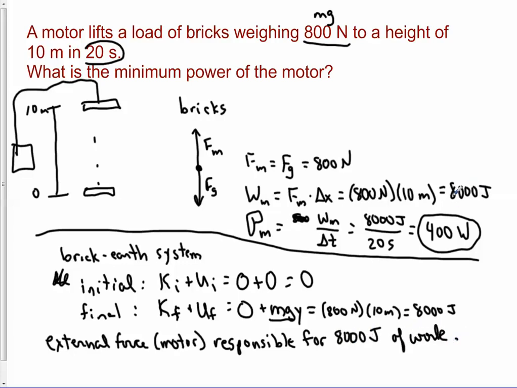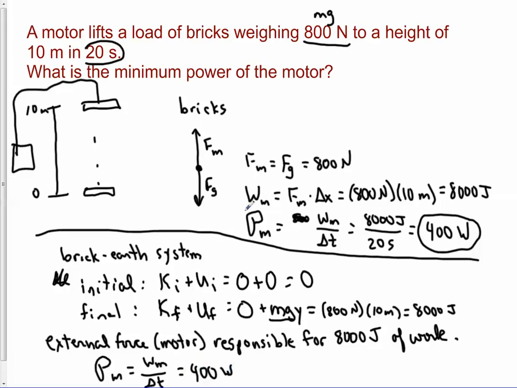And you see, it's the same number, but we got to it in a different way here, from a different point of view. And then the last step would be the same. You would just divide the 8,000 joules by the 20 seconds and get 400 watts.